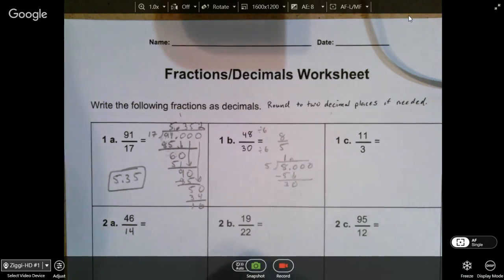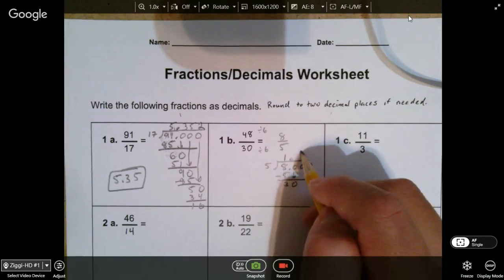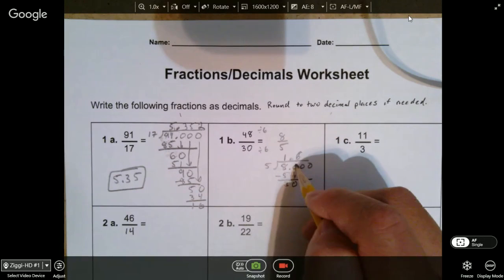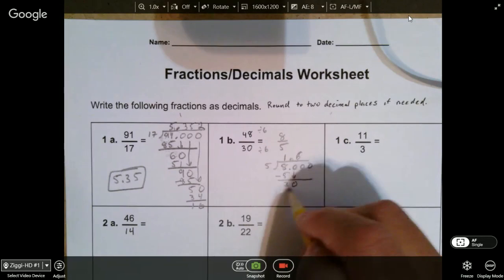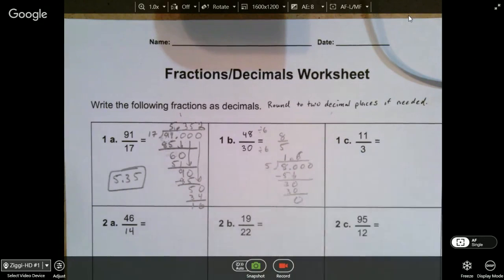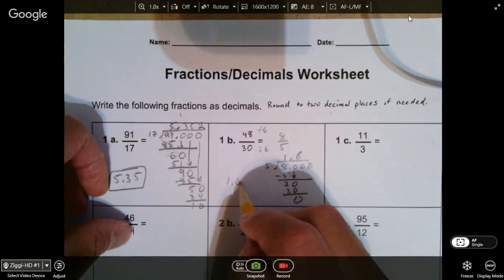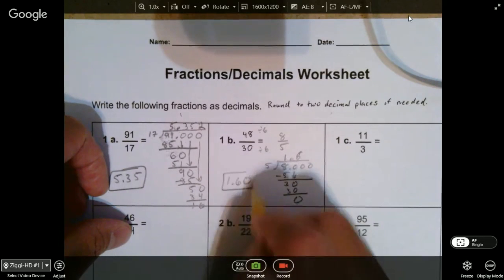So I keep going. Bring down that 0. 5 goes into 30 6 times. Put it right above this 0 here. 6 times 5 is 30. And that goes in perfectly. So remainder of 0, I have a 1.6. Okay, so 1.6. Let's round it to that second decimal spot, and it's 1.60.